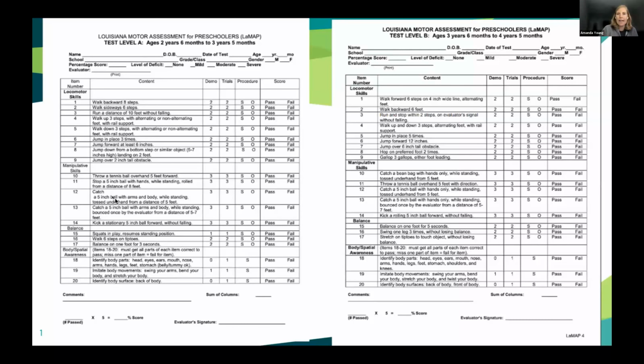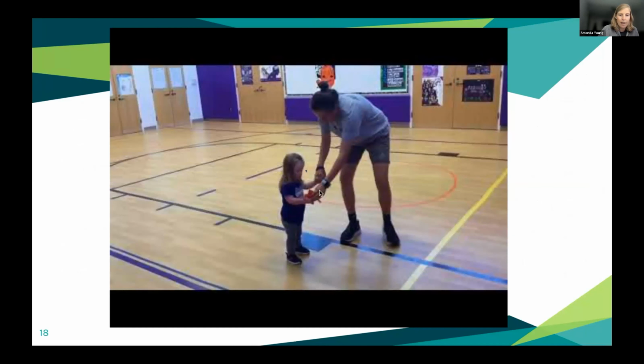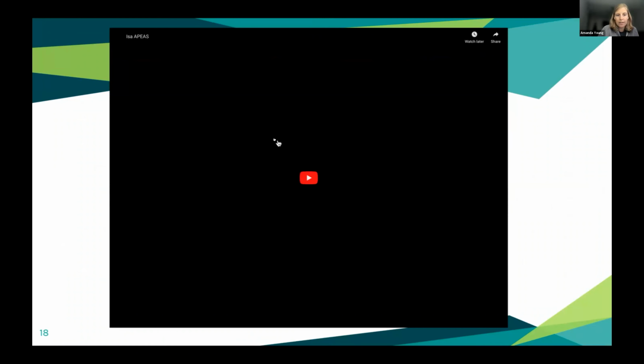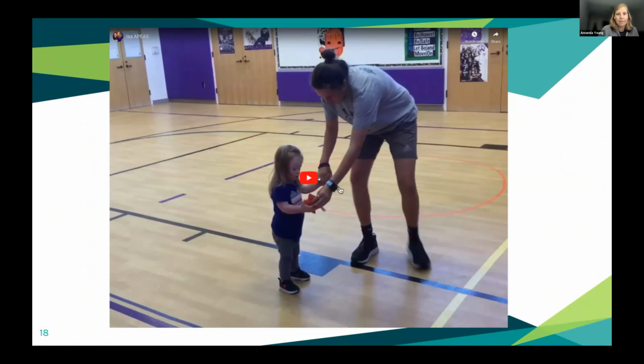So these are really nice assessments that give you examples of what students are supposed to be able to do at that level, and then give us an idea of what we can teach moving forward. So I'm going to show you an example. This particular student is participating in one of the preschool assessments.